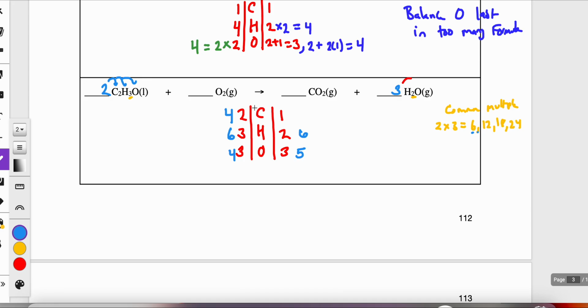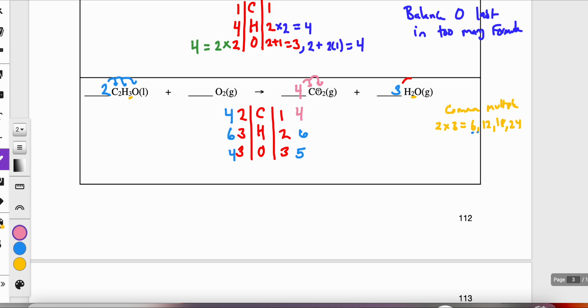Well, oxygen is in 2 of the remaining substances, carbon's only in 1, so I'm going to work with that first. So I take a look. I now have 4 carbons on the left, but only 1 on the right. So what can I put here? I'm going to put a 4 in front of the CO2, and that 4 belongs to both of these. So it changes my carbon count on the right from 1 all the way to a 4.